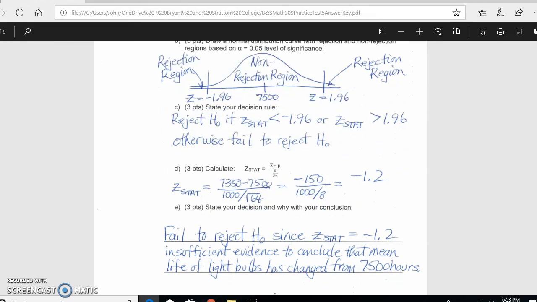And so down here we're going to state our decision and why with our conclusion. The decision is that we fail to reject the null hypothesis since the z-stat is equal to minus 1.2. There is insufficient evidence to conclude that the mean life of the light bulbs has changed from 7,500 hours.